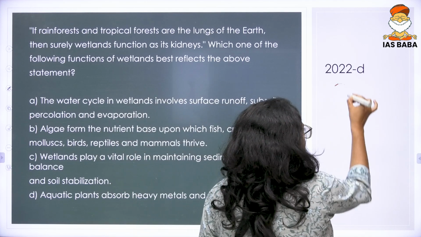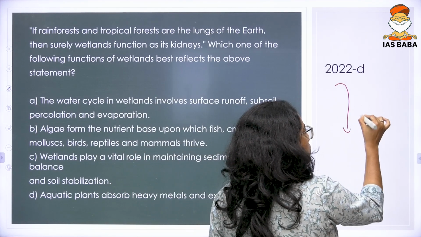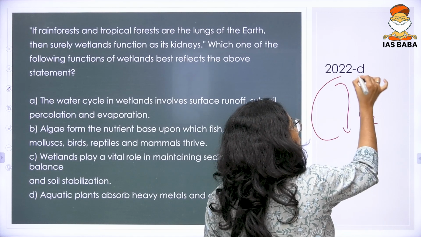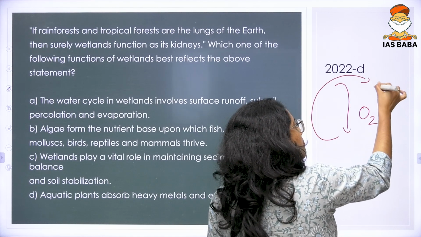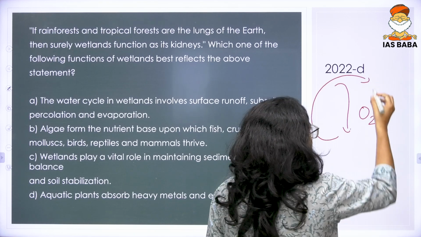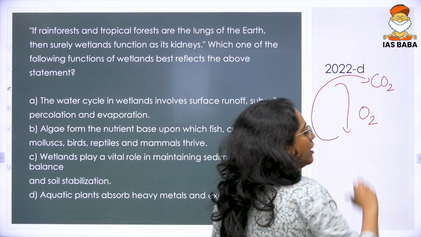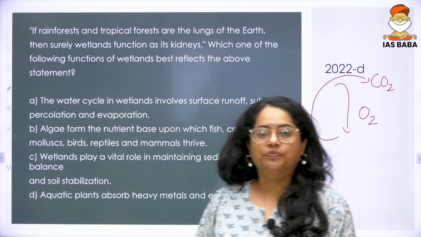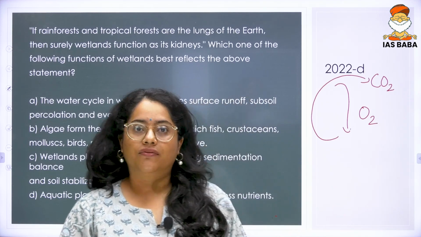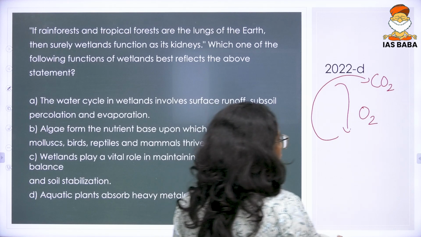The lungs take in oxygen, which is needed for the activities of the body, and give out carbon dioxide. Now, they are saying that the rainforests are the lungs of the earth. Why is it called the lungs of the earth?